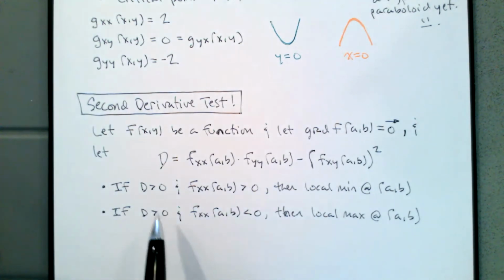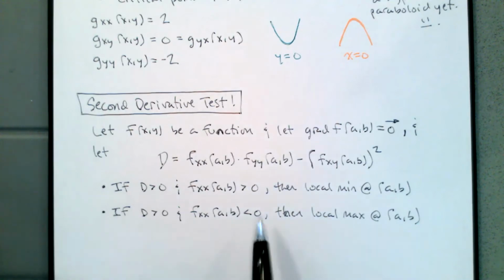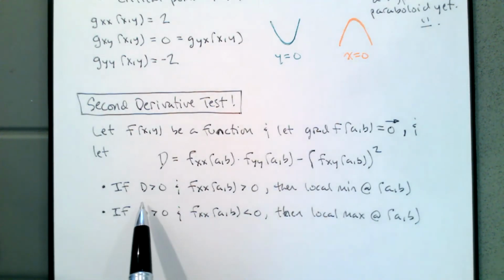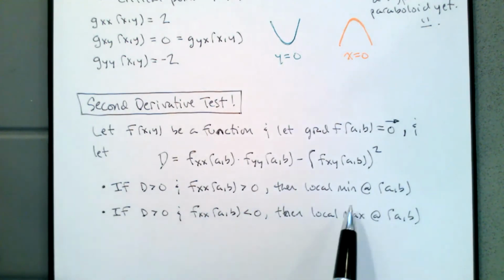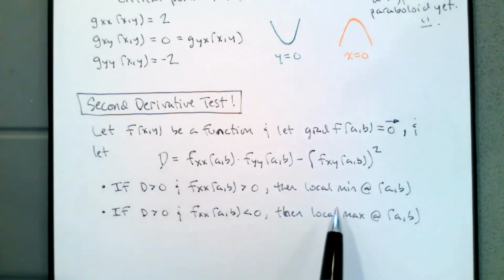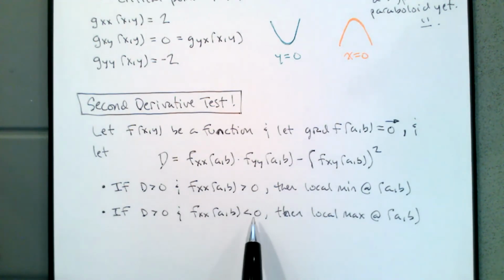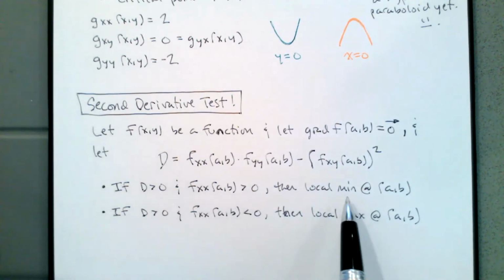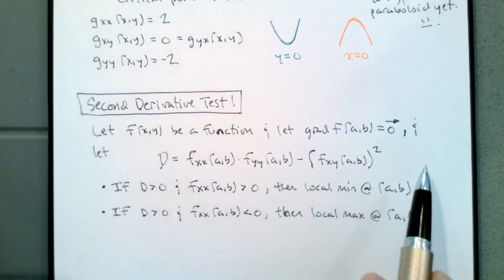Note that in both of these cases, D is positive, and we're saying local minimum or local maximum. Also notice that we're only making our decision based on fxx for some reason. But at least this sign matches what we did before. If the second derivative is positive, then it's a local minimum because we have concave up.